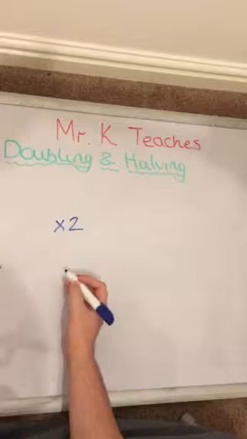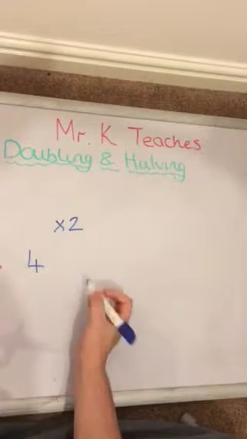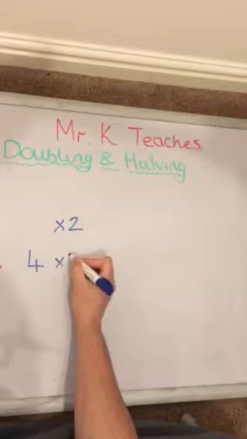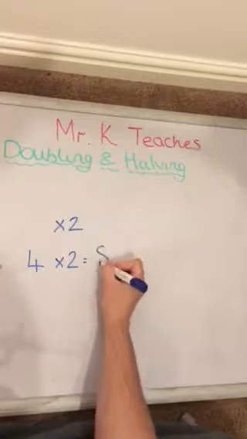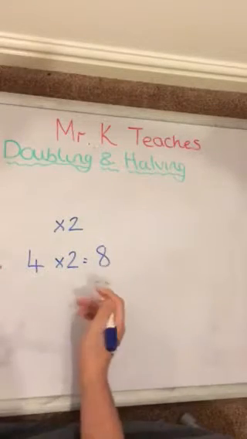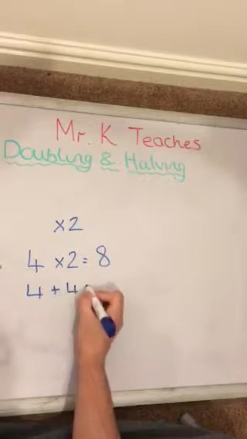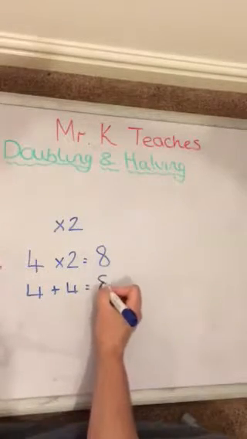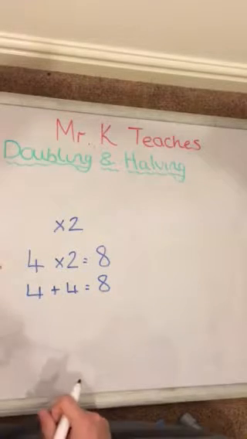So, for example, if I did double 4, I could either times it by 2, which is 8, or you are doubling it, so you're doing 2 of itself, so it's 4 plus 4 equals 8. Both give us the same answer.